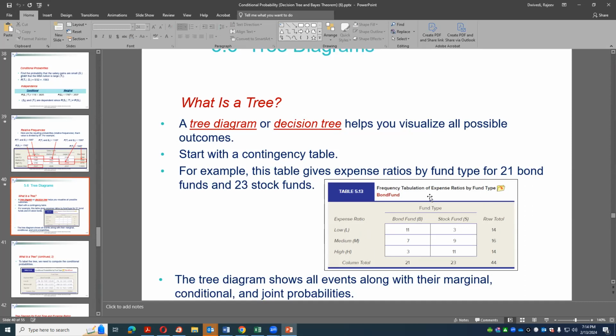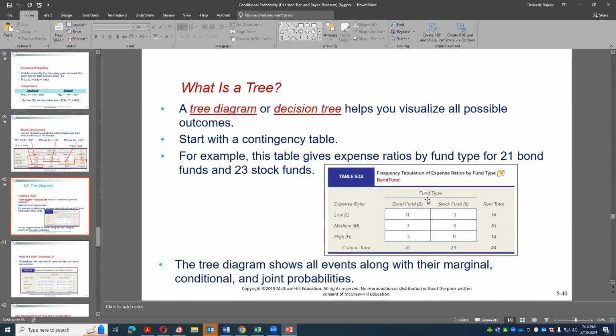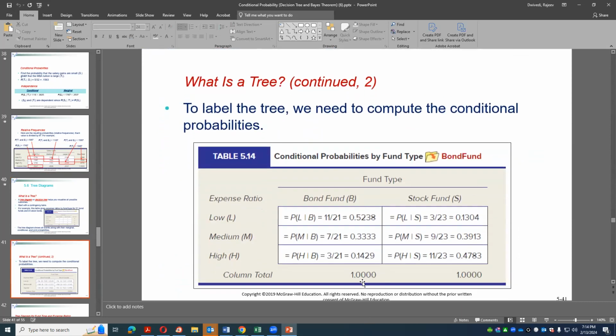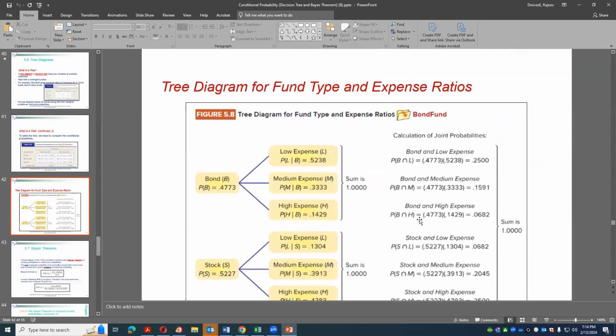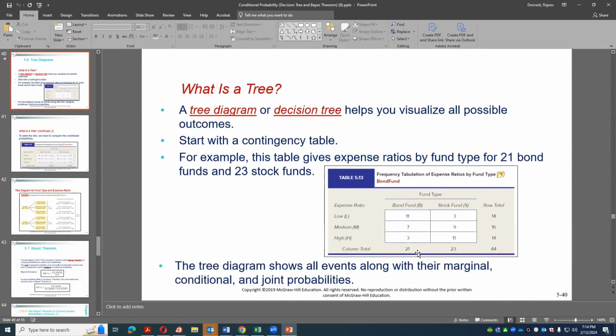Based on this contingency table, you can determine which has higher probability. First, bond fund: when you divide bond and stock, 21 divided by 44, 23 divided by 44. So you get the two branches of fund: one is bond fund 21/44, one is stock fund 23/44.